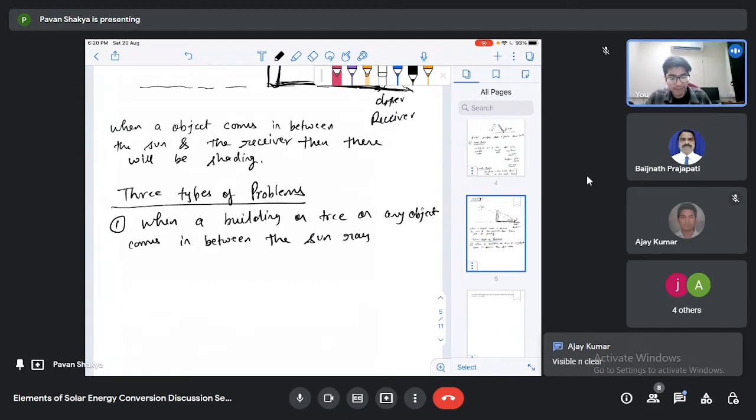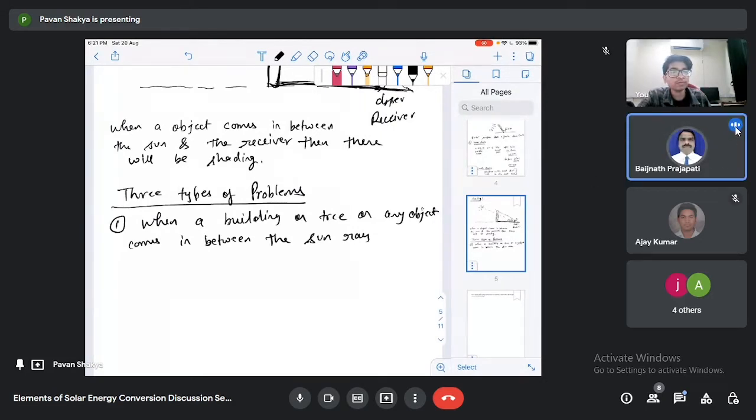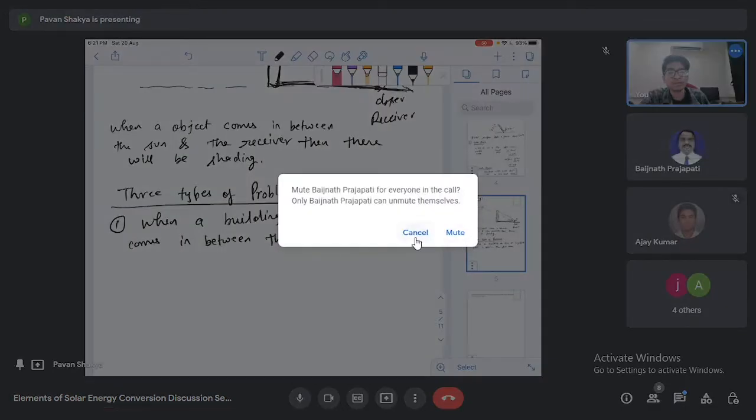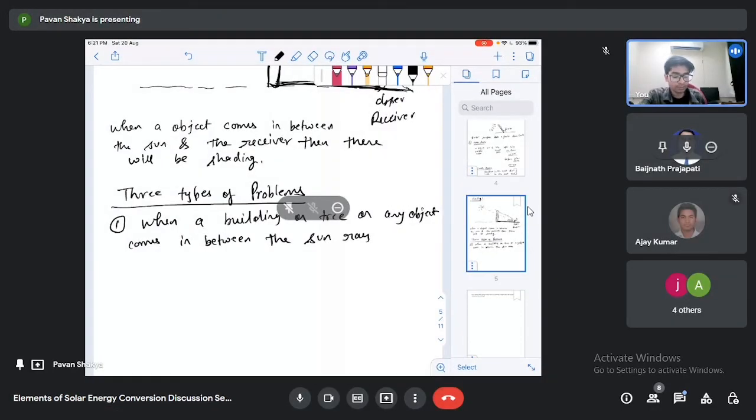So I was saying that you will more often find three types of problems. The first problem is when a building or tree comes in between the sun ray and the receiver or collector.